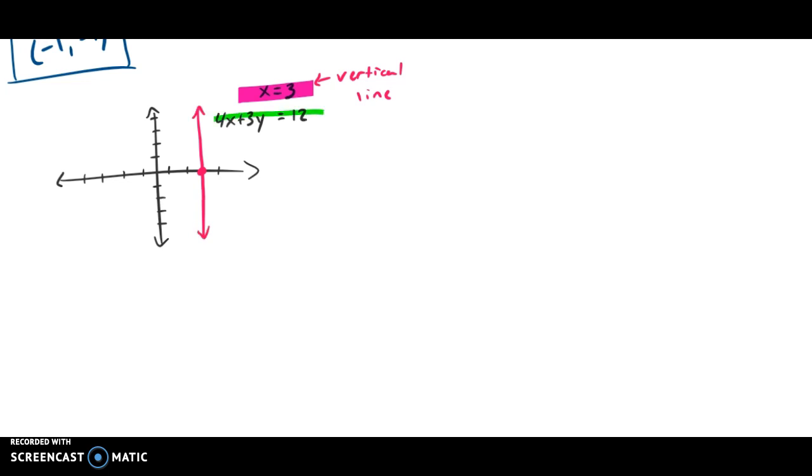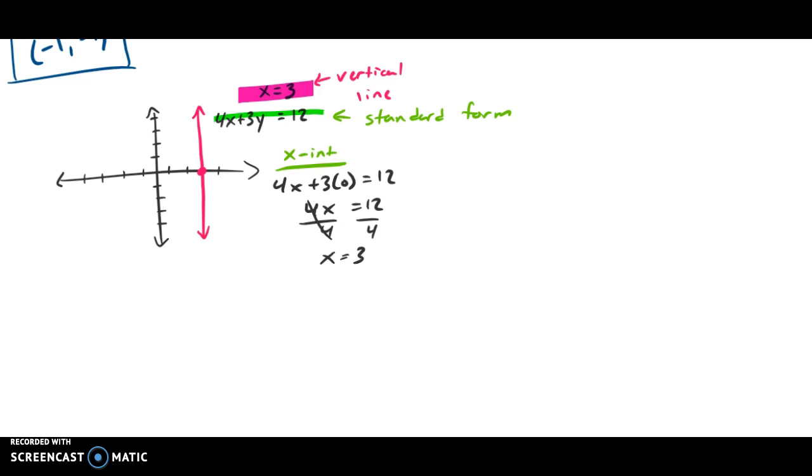Now the second equation, this one is in standard form. So we need to find our intercepts. For example, the x-intercept: you make y 0 and you solve. Then for the y-intercept, you make x 0 and you solve.